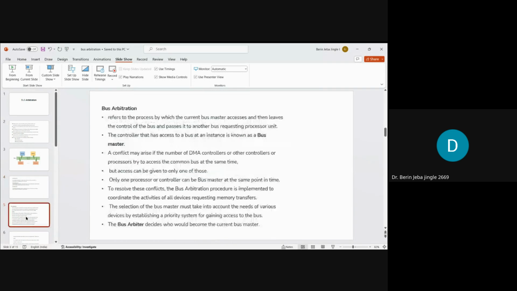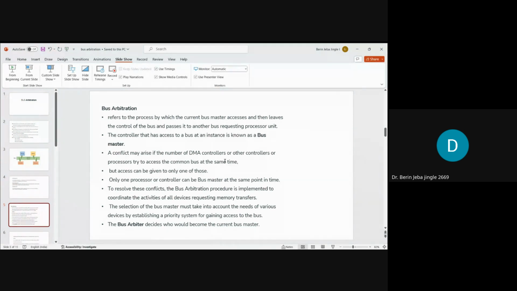So next we can study about the bus arbitration. What is bus arbitration? The device which is controlling the overall performance of the system bus is called the bus master. The bus master will be the DMA controller or the processors.